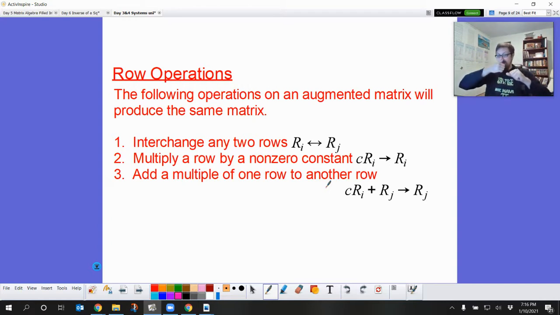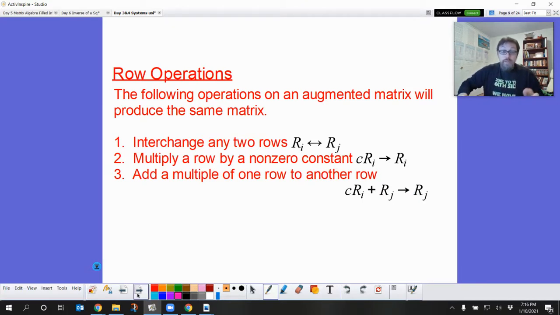You're like, oh, sweet. Well, we're kind of removing all that, like rewriting a new equation, and then adding those two together, and then making a new equation off of that. We're just doing that all together in our head, because we only have to deal with the coefficients. So this is just elimination as a row operation.